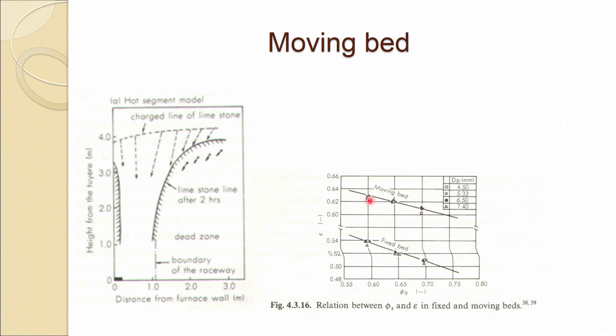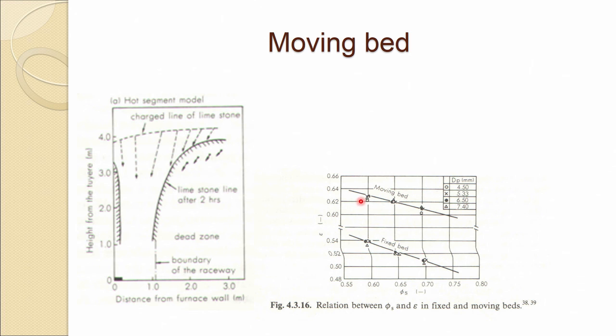So, you can see in the moving bed the void fraction is quite high compared to the fixed bed, and in one way this is a good thing for permeability. So, one cannot take the void fraction of a fixed bed for solving the problem in the moving bed.